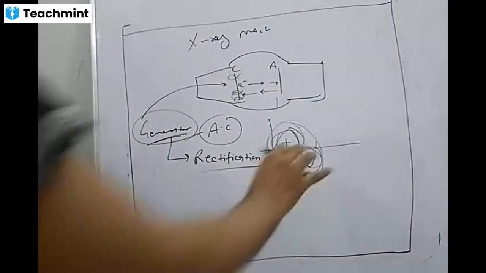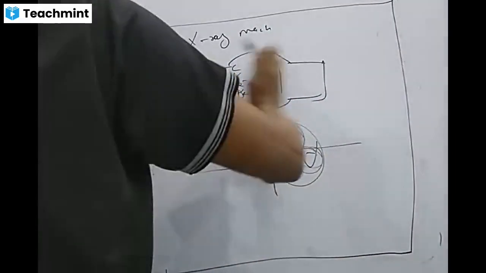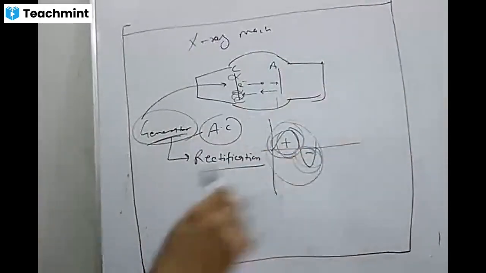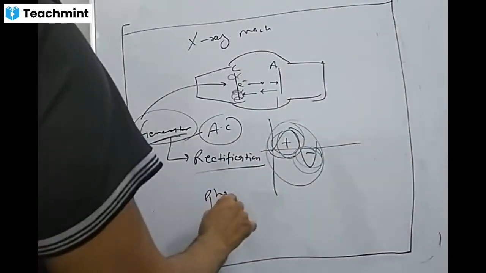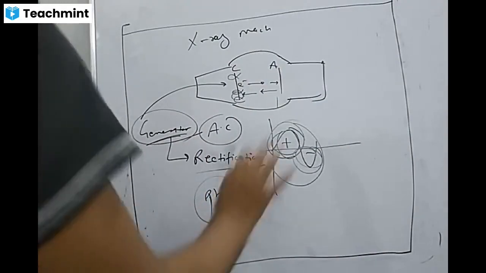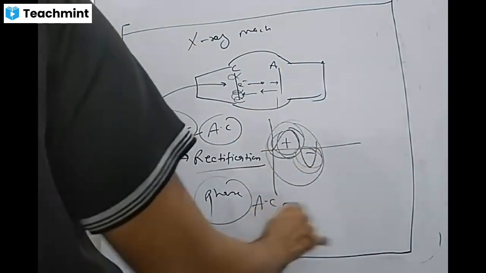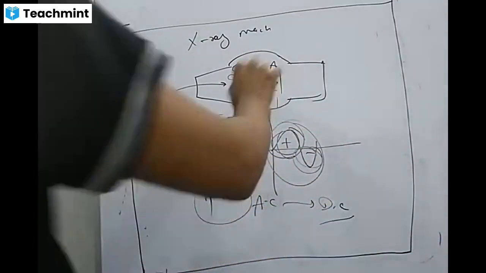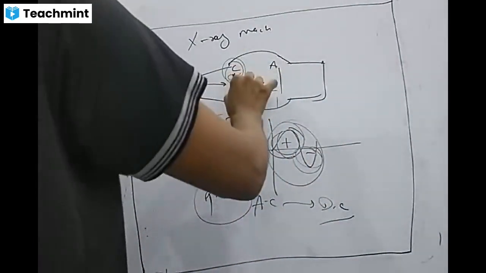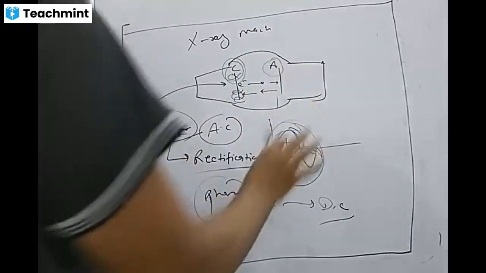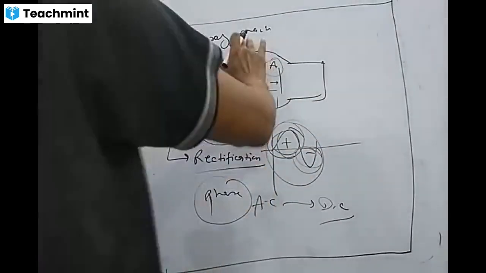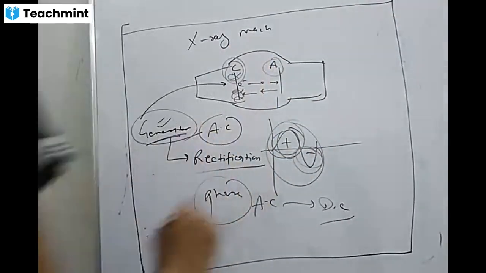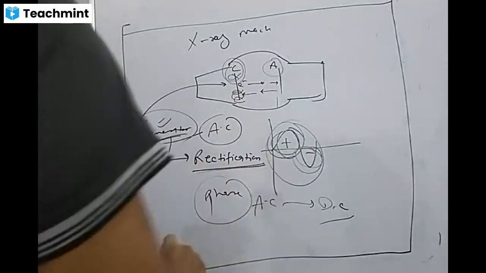So we want the system to be directed in one phase. We use the generator, which makes the AC current into direct current, so that all the time electrons can move from cathode towards anode. So this was the role of the generator with some rectification.